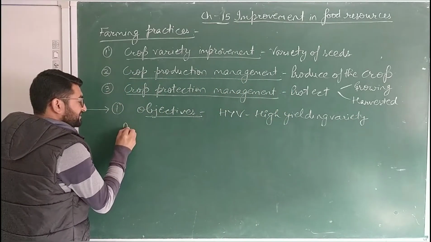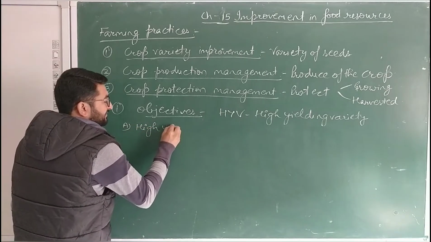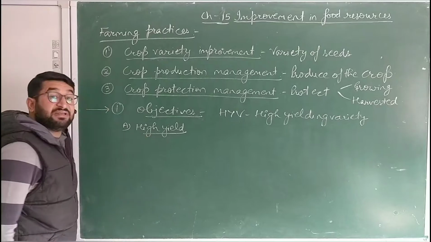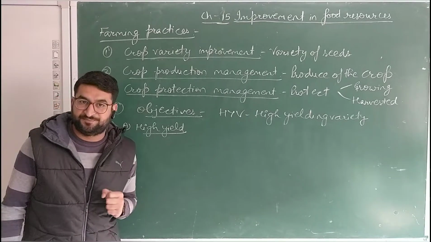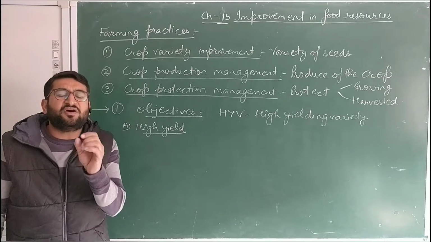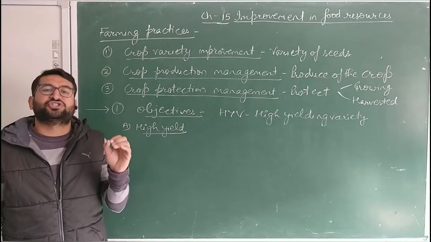So the first objective is, as its name indicates, high yield, or you can write high amount of crop produce. The result of the production of crop is the grains. एक crop का production क्या है बच्चे?